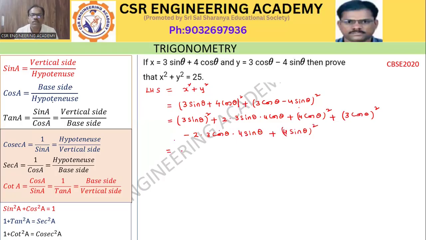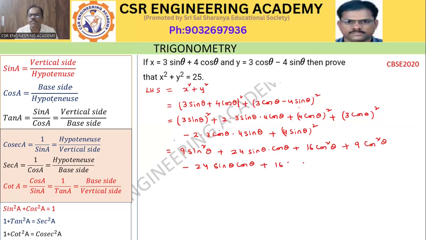(3 sin theta) whole square is 9 sin square theta plus 2 3s are 6, 6 into 4, 24 sin theta cos theta plus (4 cos theta) whole square, 16 cos square theta, plus (3 cos theta) whole square, 9 cos square theta, minus 2 3s are 6, 6 4s are 24 sin theta cos theta plus (4 sin theta) whole square, that is 16 sin square theta.